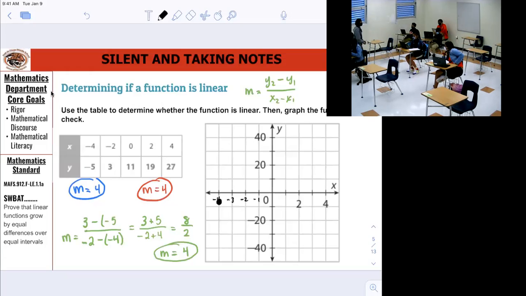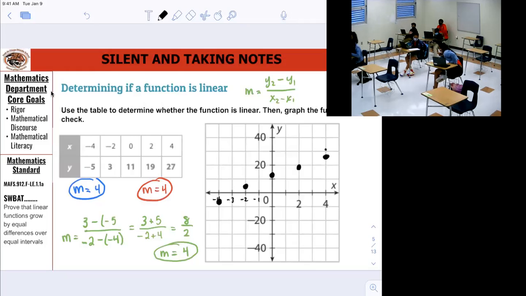Then I have negative 2 comma 3, 0 comma 11, 2 comma 19, and 4 comma 27. It's right here.